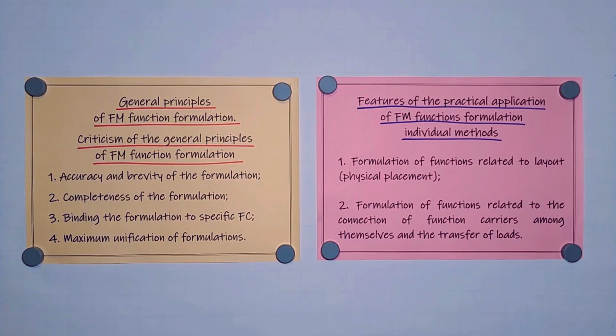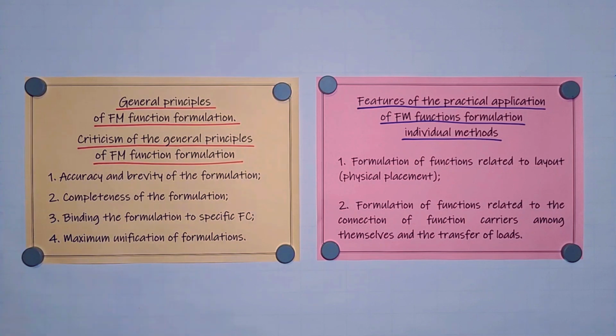The first, accuracy and brevity of the formulation, refers to the need to reflect the actual content of the process. It's desirable to formulate the function in two words: a verb in the third person of the present tense, and a noun, which must express the object to which the action is directed, standing in the accusative, singular or plural.